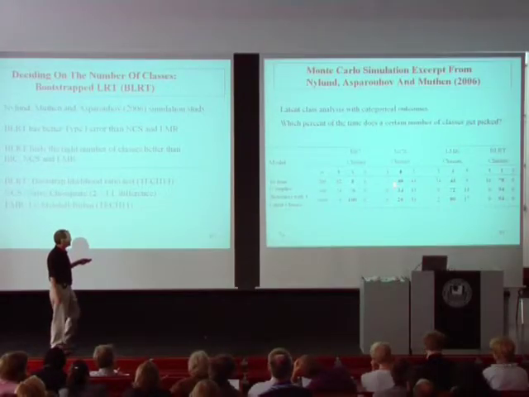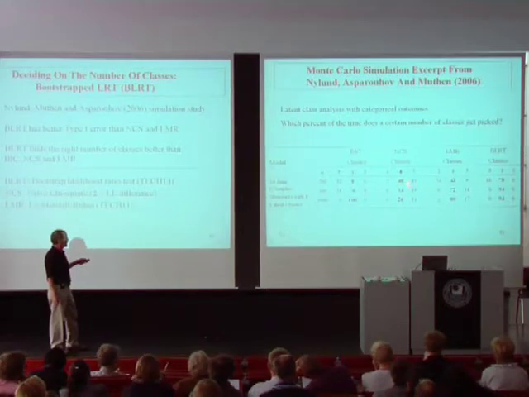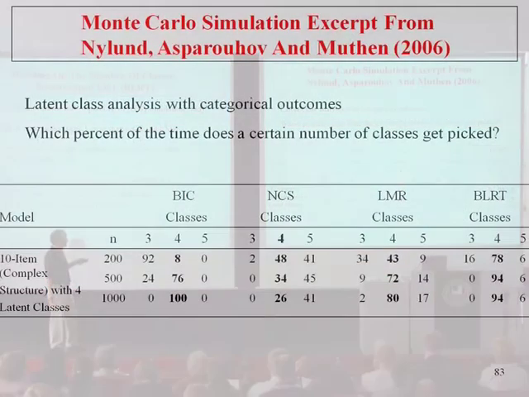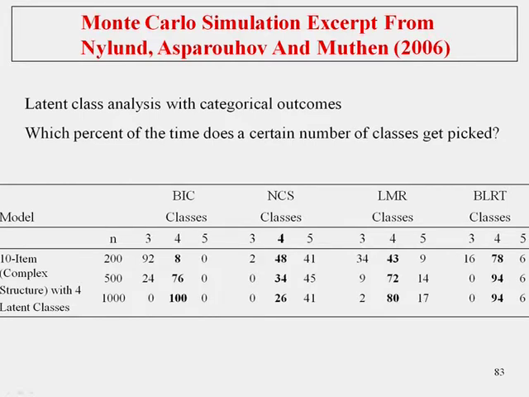And the naive chi-square tends to pick too many classes too often, so you can see how the chi-square really doesn't work, right? For instance, at 500, the naive chi-square approach is a worse approach than BIC by far. Lo-Mendell-Rubin does better than the naive, and maybe about the same as BIC, but when you get up to 1,000, it does not do as well as BIC. The bootstrapped likelihood ratio test does really well already at 500, does better than any of the others, and stays that well even at 1,000.